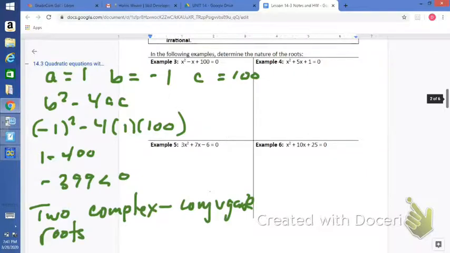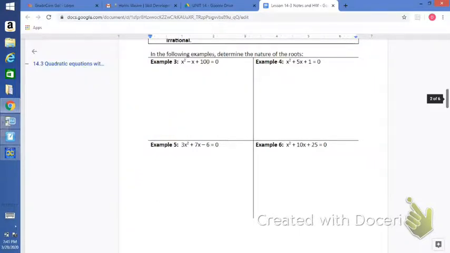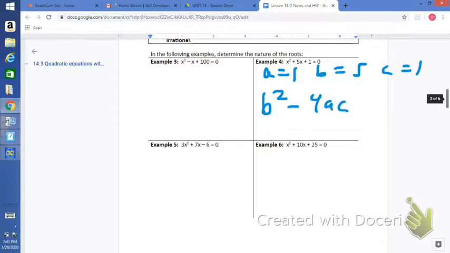Alright. Let's look at example 4. x squared plus 5x plus 1. Your a is equal to 1. Your b is equal to 5. Your c is equal to 1. So b squared minus 4ac, plug in.